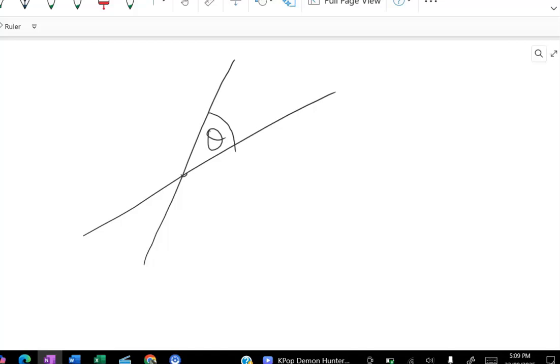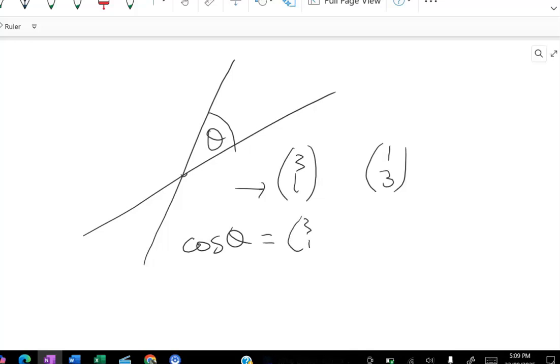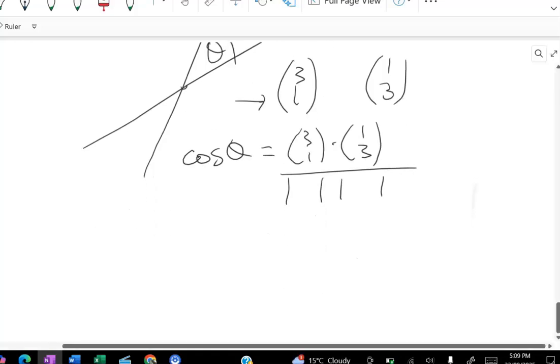So the direction vectors for the two things are out 1, up 3, and out 3, up 1. And we can apply our definition, which is that cos of theta is equal to this. So the dot product divided by the magnitudes of the two vectors.